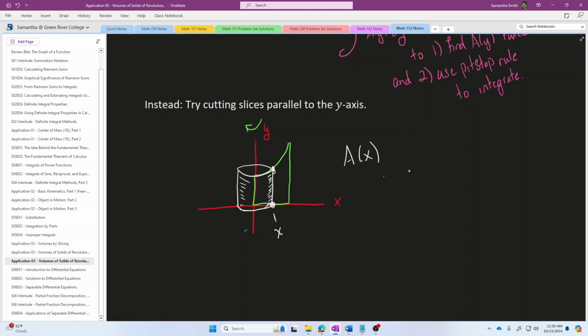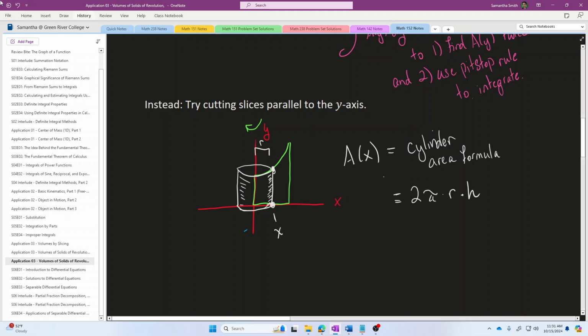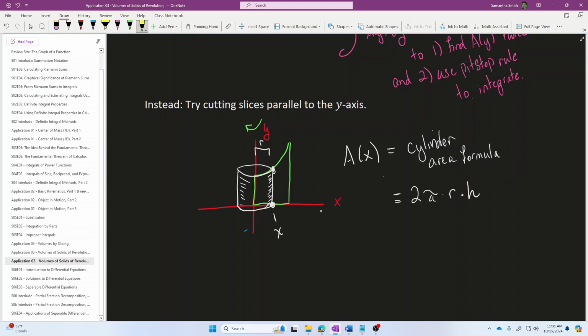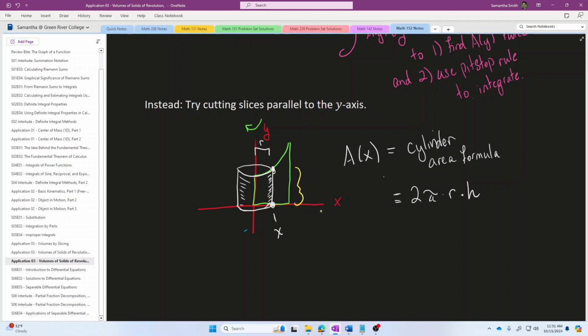So if I want to find the area of this slice that was formed by taking a vertical cut into the region and spinning that around the y-axis, what I should be able to use is the cylinder area formula, which if you don't remember, can be found by taking 2 times pi, multiplying that by the radius of the circle, which is extending from the center to the edge like this, and multiplying that by the height of the cylinder, being this distance right here from the top of the cylinder to the bottom.